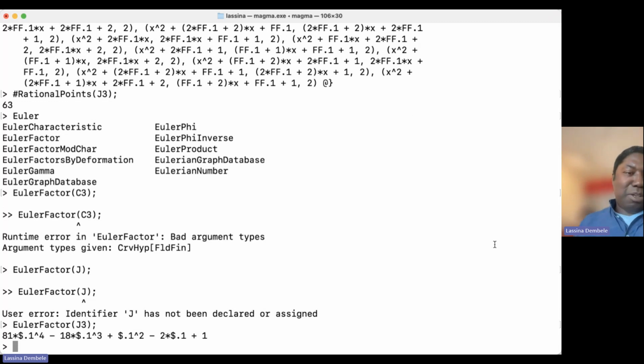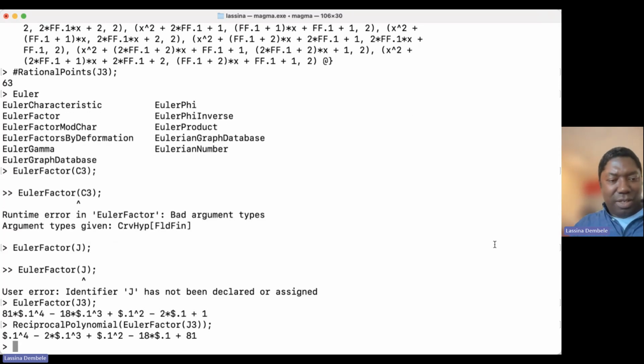So it can compute the Euler factor of the Jacobian, and this Euler factor is just the reciprocal of the characteristic polynomial. In Magma the dollar sign here is basically the indeterminate, the default notation because I didn't give this variable a name. So the characteristic polynomial of Frobenius is t to the 4 minus 2t cubed plus t squared minus 18t plus 81.